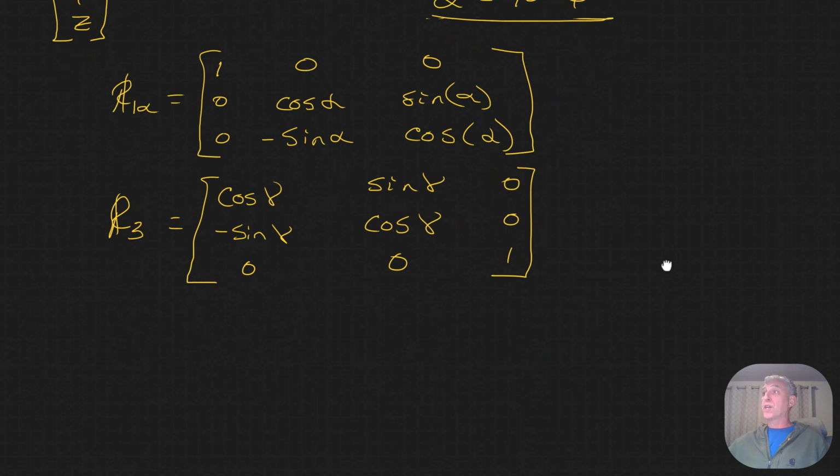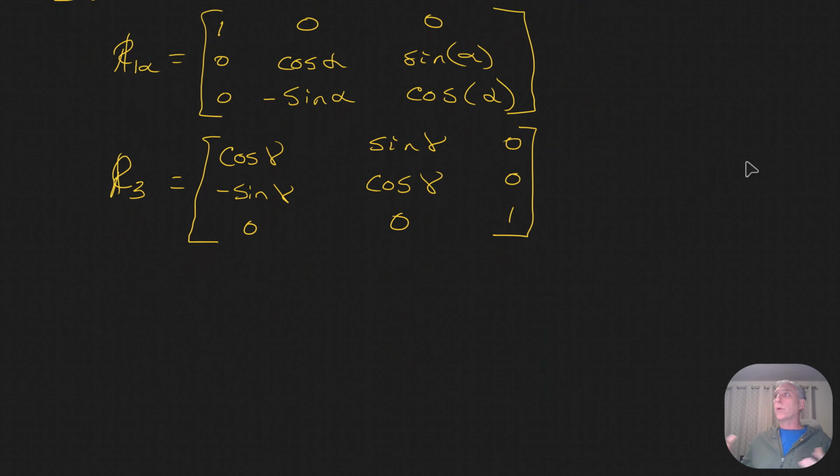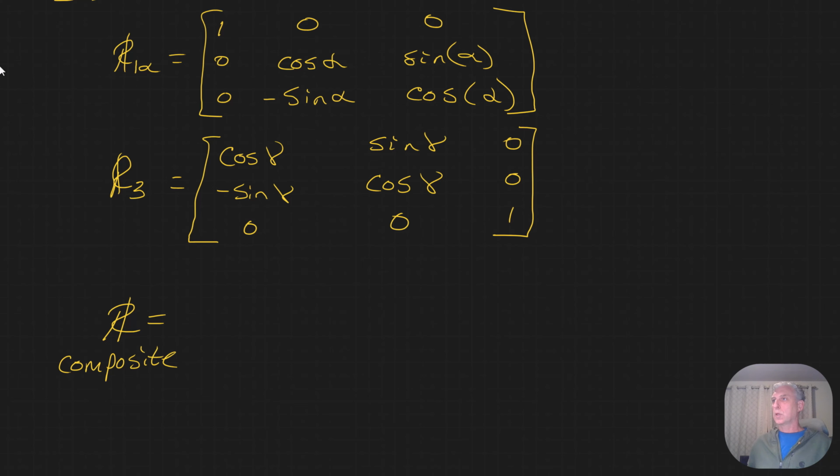Now, something that we could use is, we know we're going to multiply these matrices together to get a total rotation matrix. So I actually went through and multiplied these together, and the composite rotation equals, and I made it in terms of, you have to do some trig identity stuff and some fancy footwork with trigonometry, but I'm going to calculate both ways so you can see that they're the same.